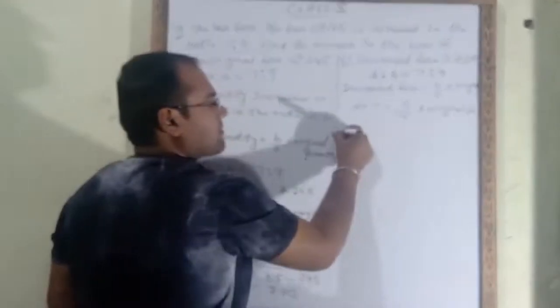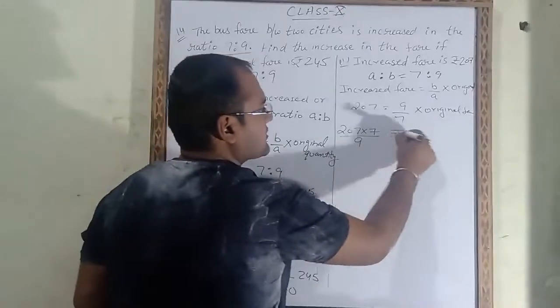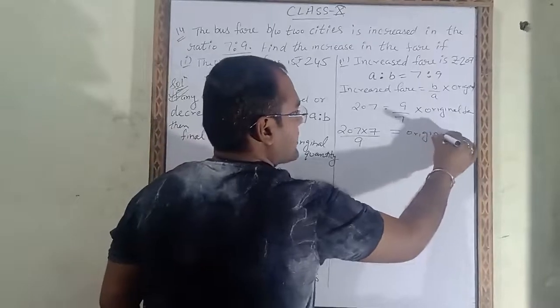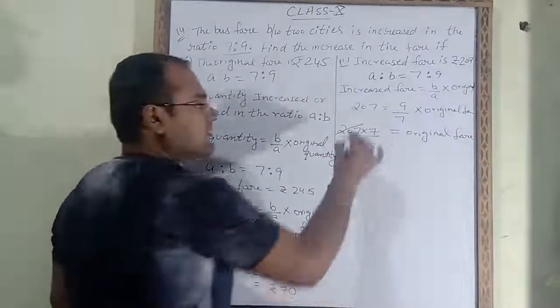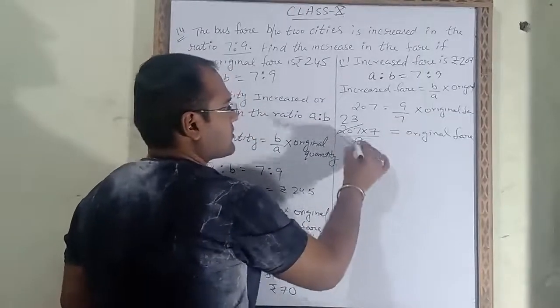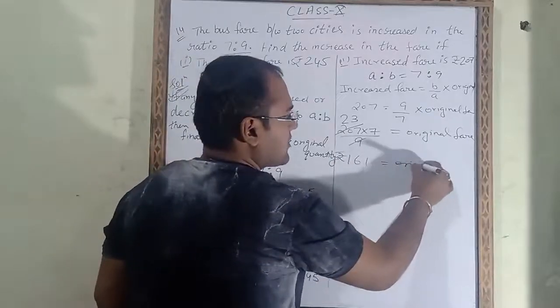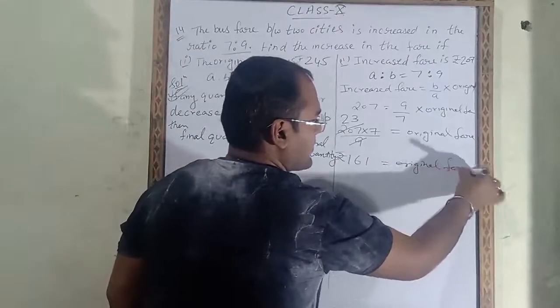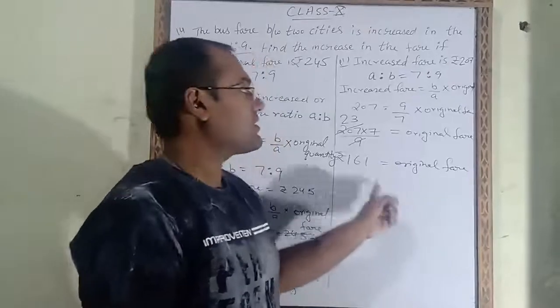This 7 will come in multiply, 9 will come in divide. These two will get cancelled. Now we will multiply these two. 161 rupees is the original fare this time.